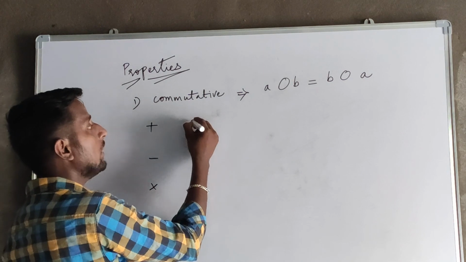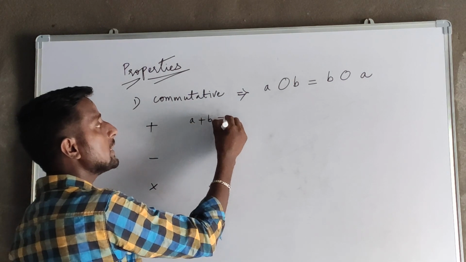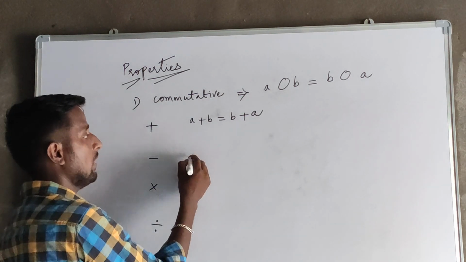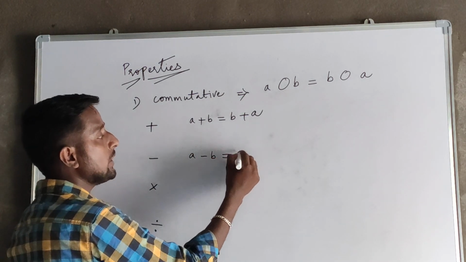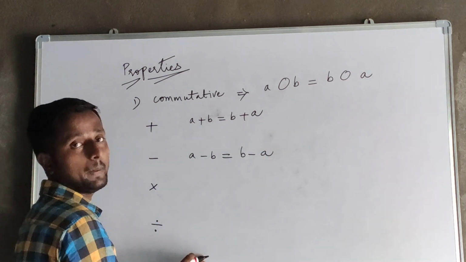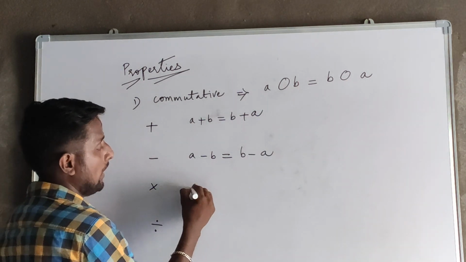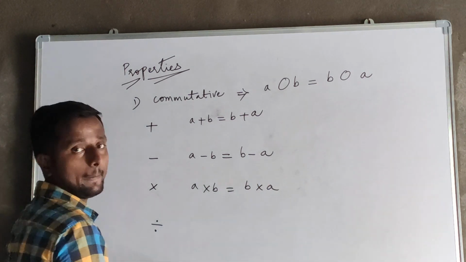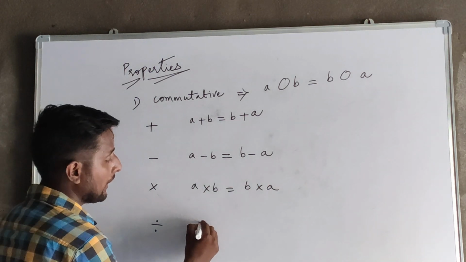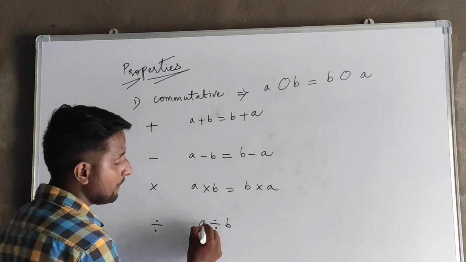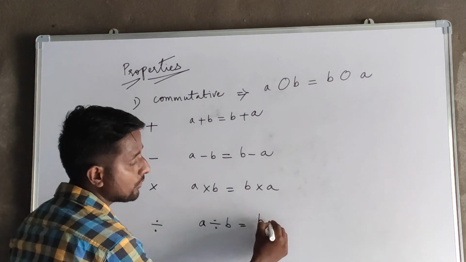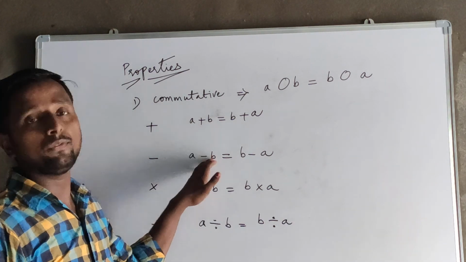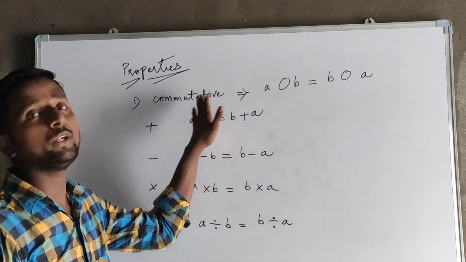If you apply addition, we'll write A plus B is equal to B plus A. Second, A minus B is equal to B minus A. Third, A into B is equal to B into A. Fourth, A divided by B is equal to B divided by A. Now these are the 4 formulas by commutative property.